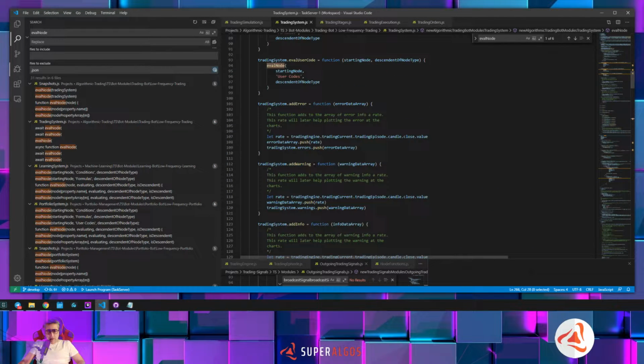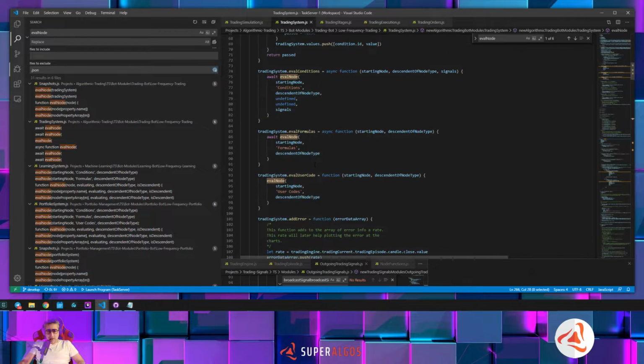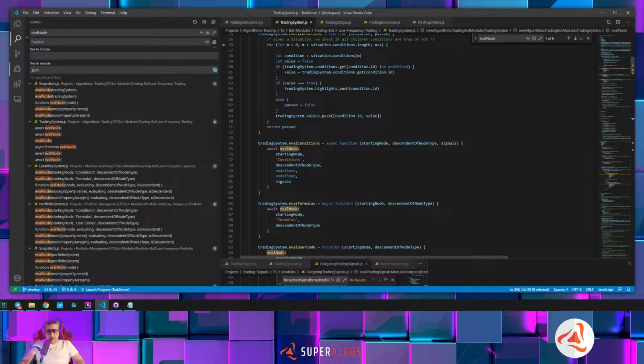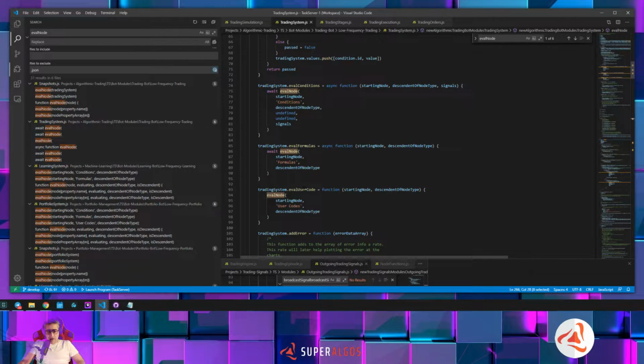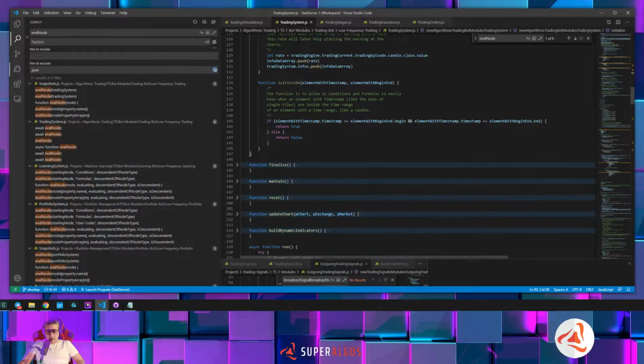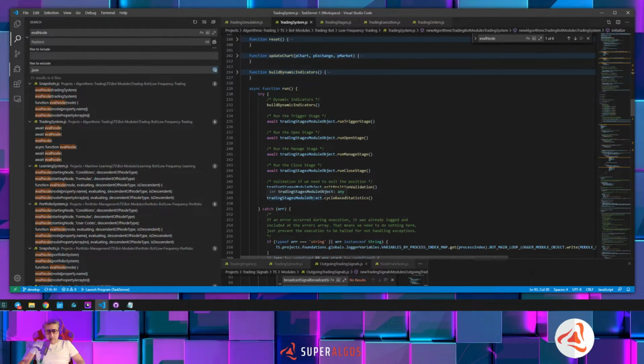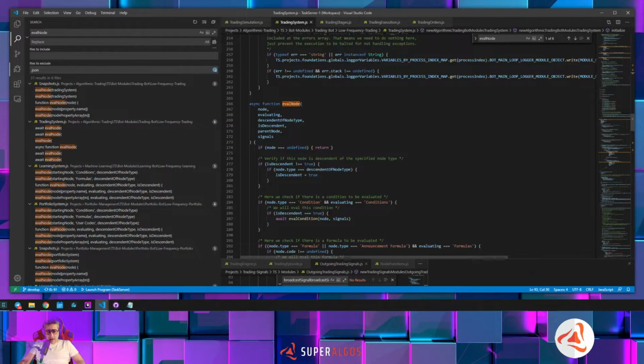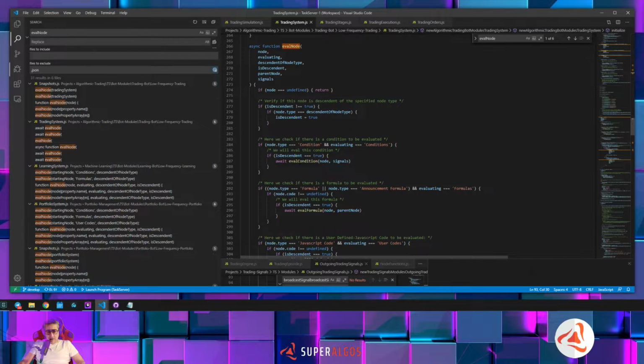What we are using is this one: eval condition, eval formula, and eval user code, and because they need a recursive function, they are all reusing eval node. And then again, they are splitting into condition, formulas, and code.